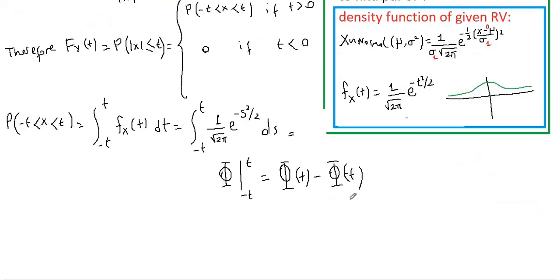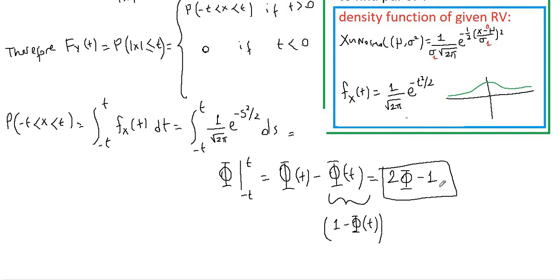And phi of negative t, by the properties of the phi function, is 1 minus phi of t. So if we rewrite this as phi of t minus (1 minus phi of t), it will be 2 phi of t minus 1.